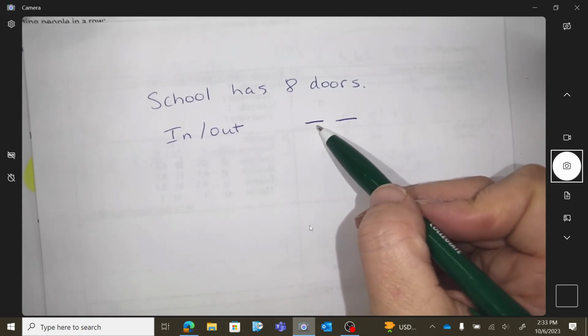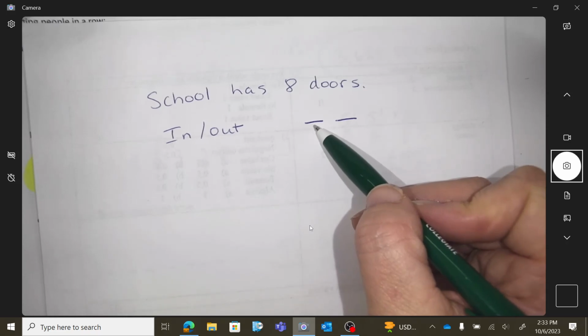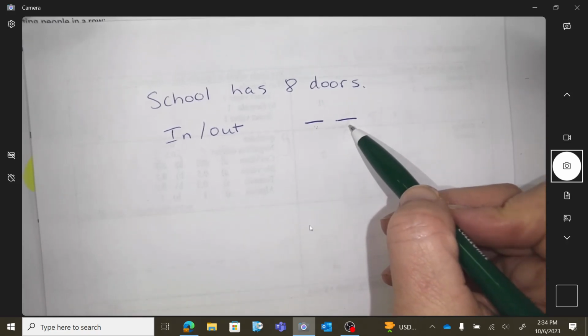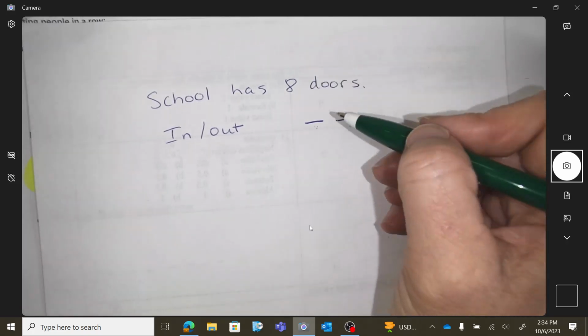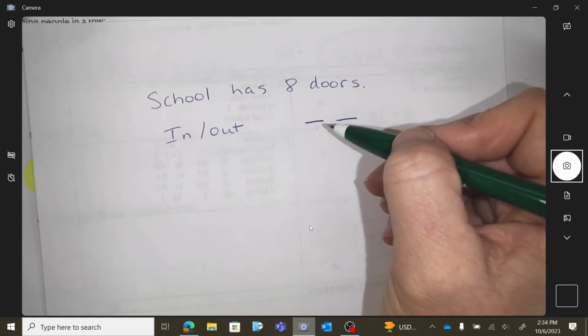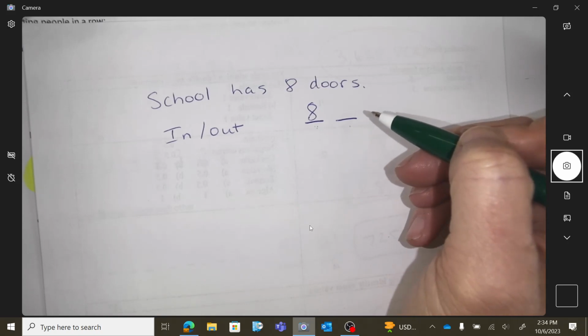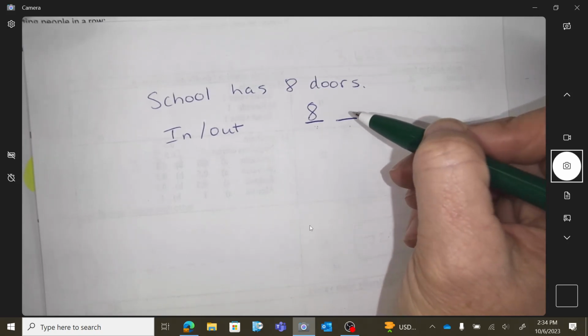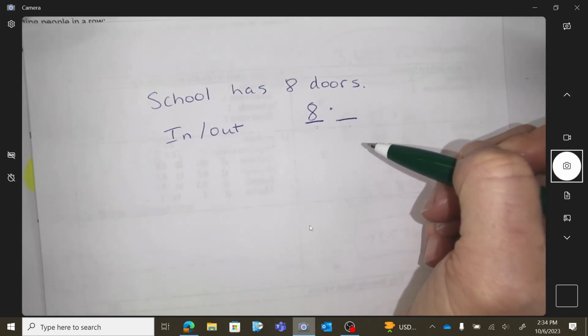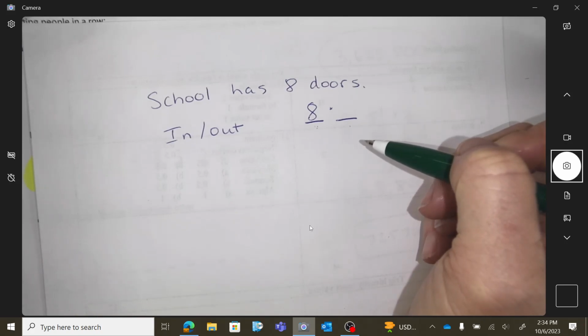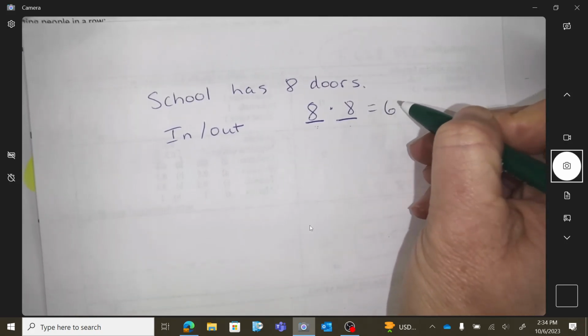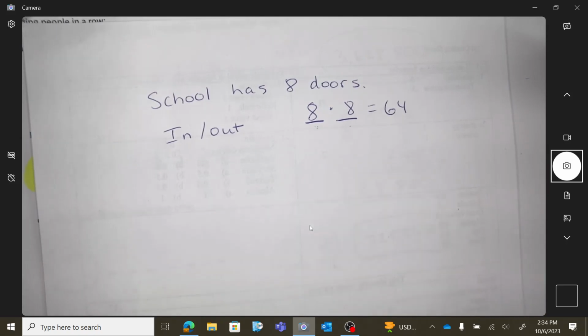How many options would I have to go in, and how many options would I have to go out? So how many doors could I possibly go in the building with? 8. I had 8 doors to pick from. And now I'm leaving the building. How many options do I have? 8. So there's 64 different ways I could be going in and out of the building.